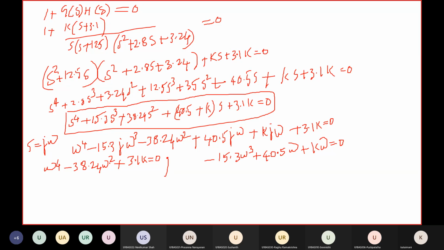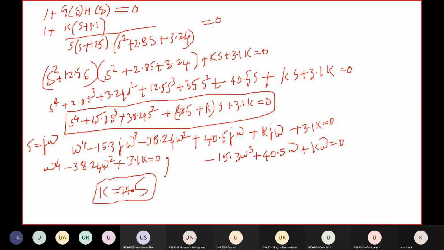Then we will check at which point the root locus branches cross the imaginary axis. If you solve this equation, I will get the k value 77.5.